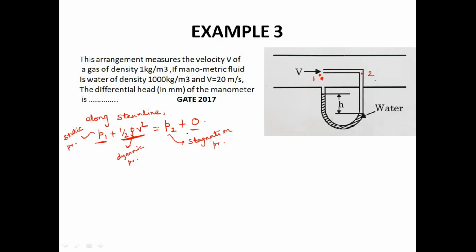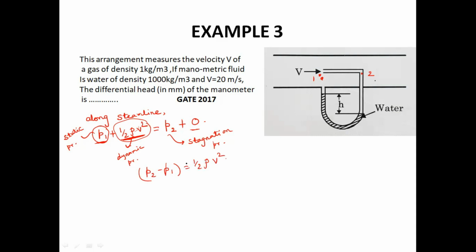It is just the scope of this kind of problem, because it's not a manometric problem at all, but it is still given here. So I'm just analyzing the total head because of the pressure and because of the velocity. These two heads, energy per unit mass, are converted into the total pressure or stagnation pressure. So this difference P2 minus P1 is nothing but half rho v square.